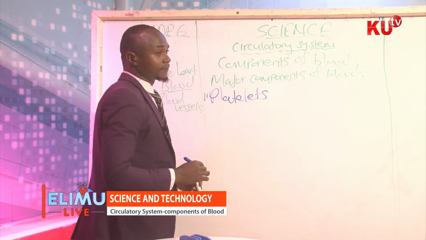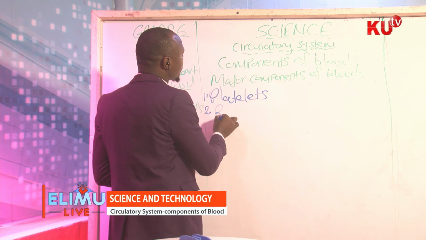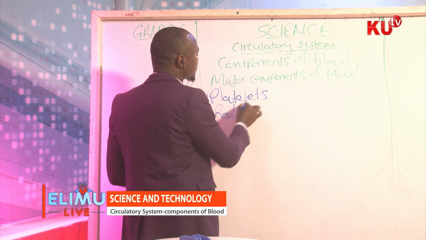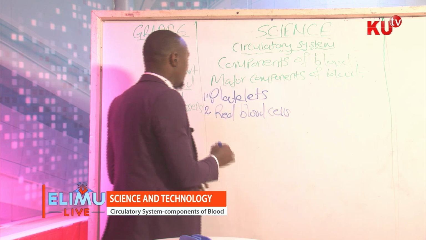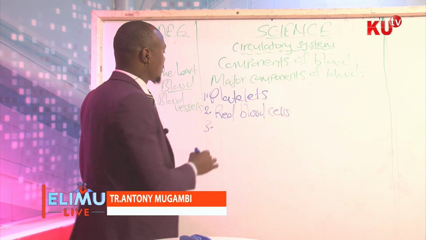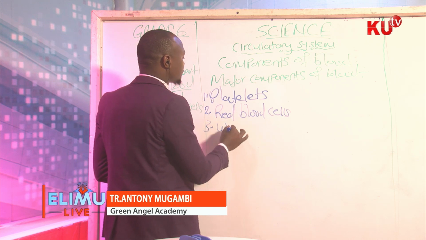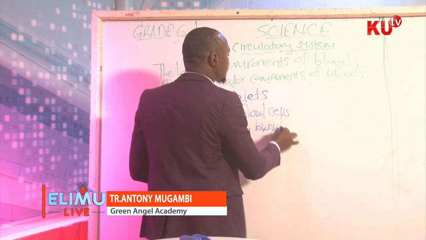That is one. Number 2, we have the red blood cells. Number 3, we shall be having the white blood cells.